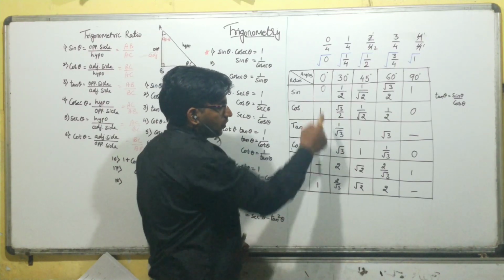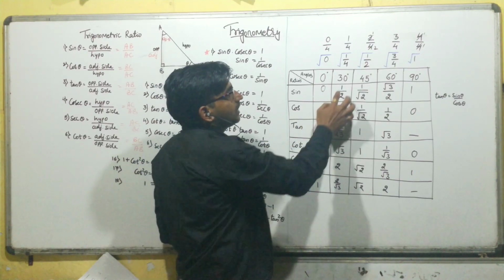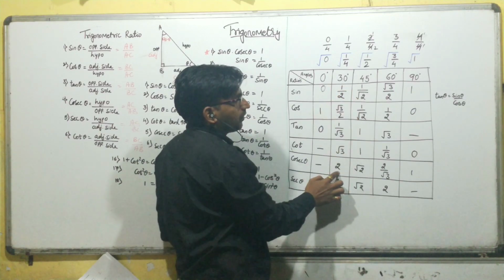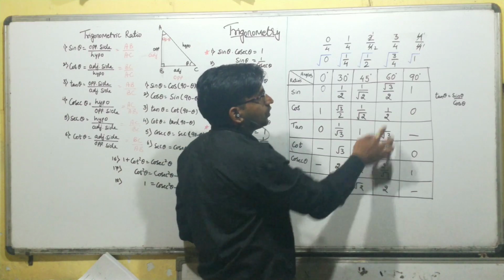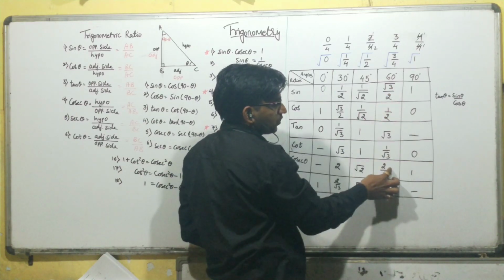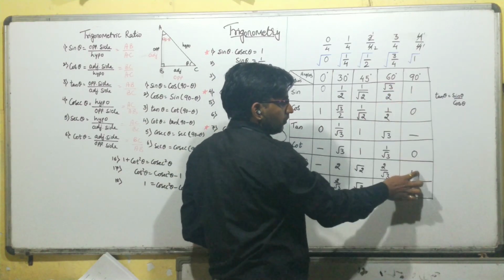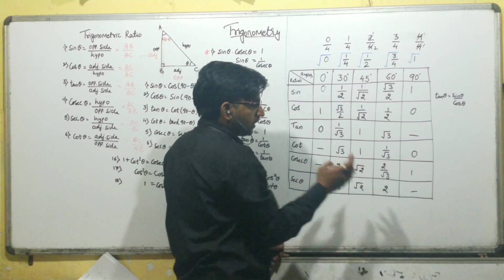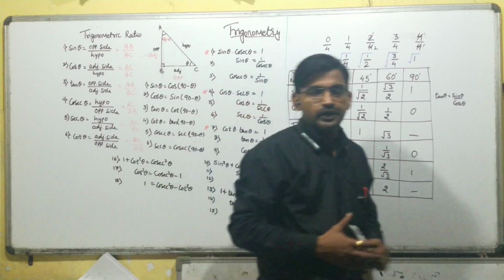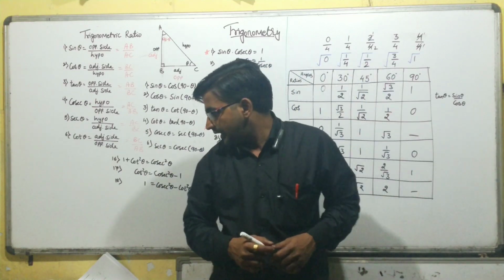This is 0, so 1 upon 0 is undefined. 1 upon 2 becomes 2 upon 1, that is 2. 1 upon root 2 becomes root 2 upon 1, that is root 2. Root 3 upon 2 will give you 2 upon root 3. 1 upon 1 will be 1. Then sec will be interchanged by this, and in this way we finish with the table.